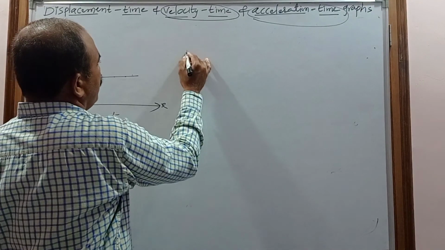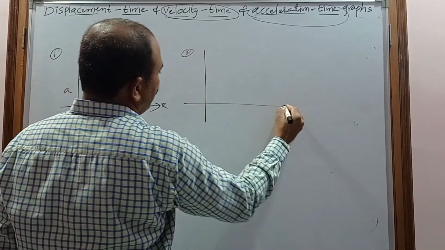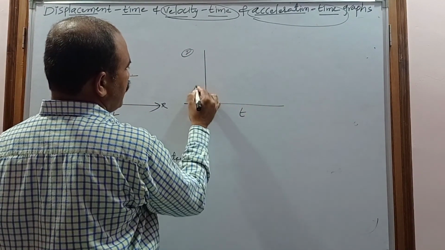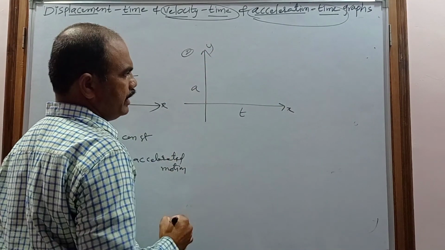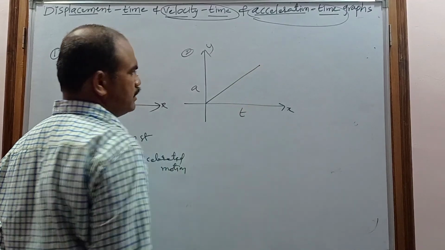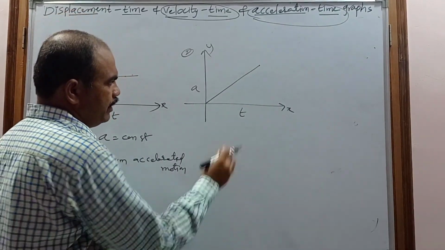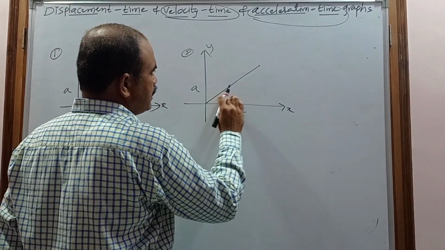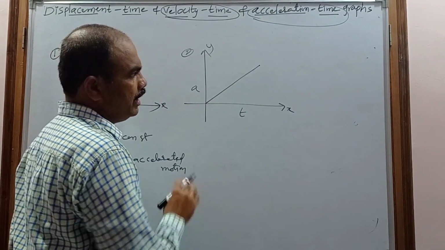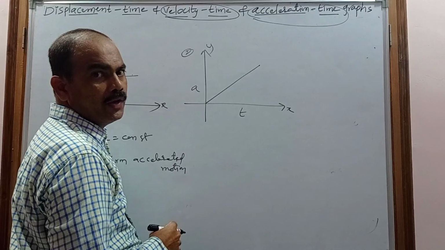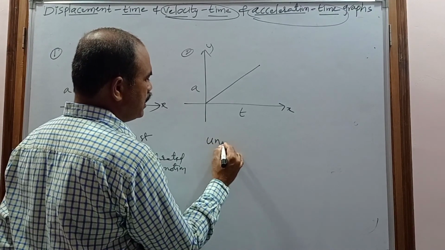And now coming to the next graph. If the acceleration versus time graph, by taking the time on the x-axis and acceleration on the y-axis, is like this, then when the time is changing, the acceleration is increasing. It is said to be non-uniform accelerated motion.